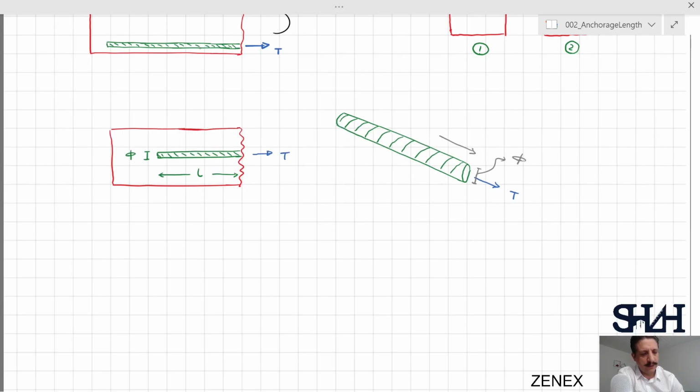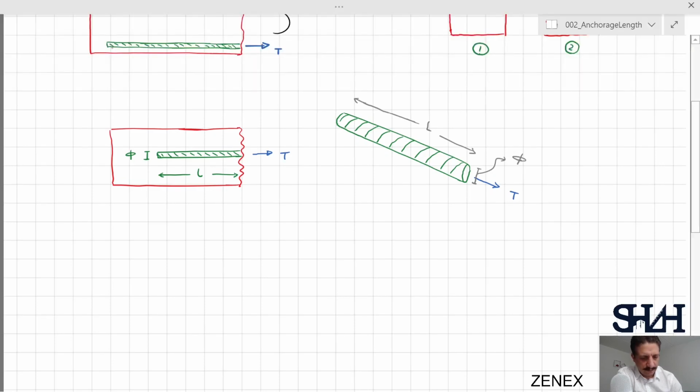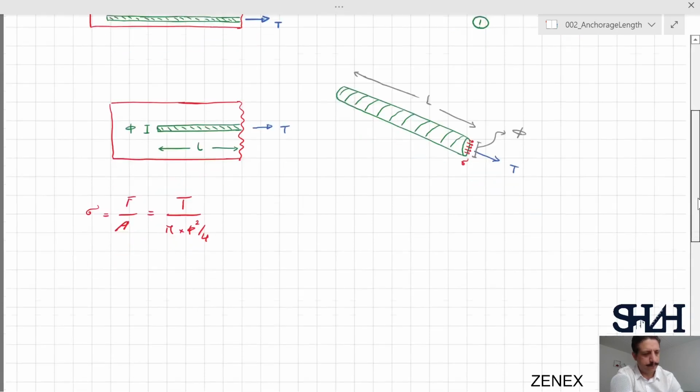And the embedded length is L. So now the actual stress can be calculated according to force divided by area. So force here is T and the area is pi phi squared divided by 4.